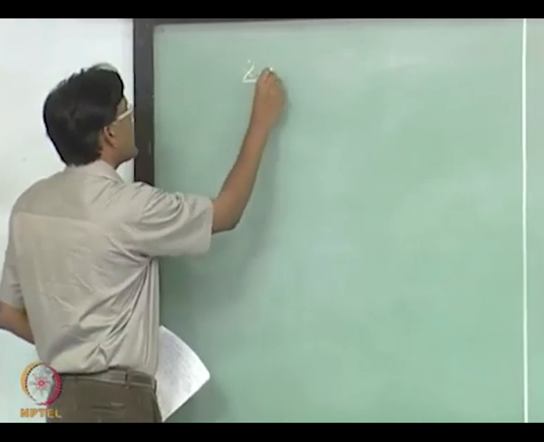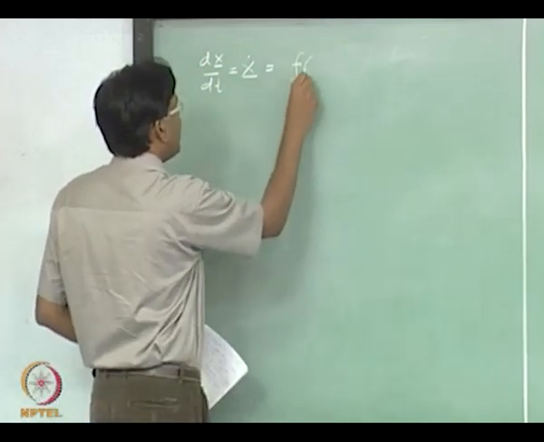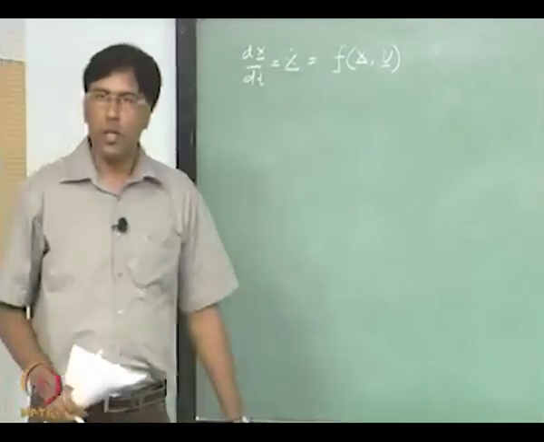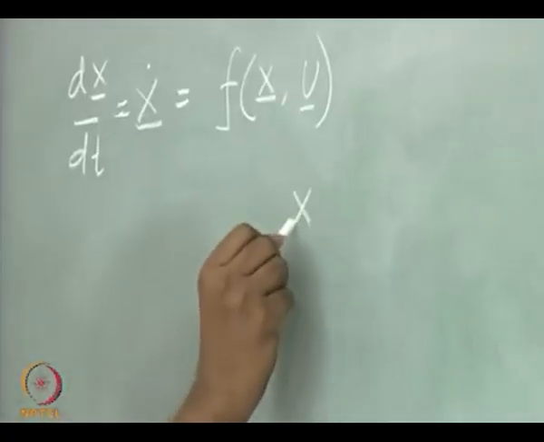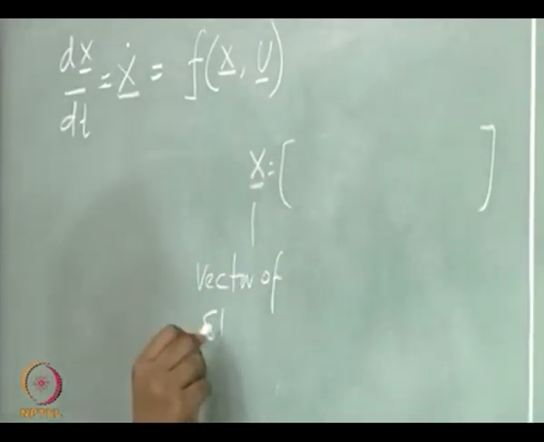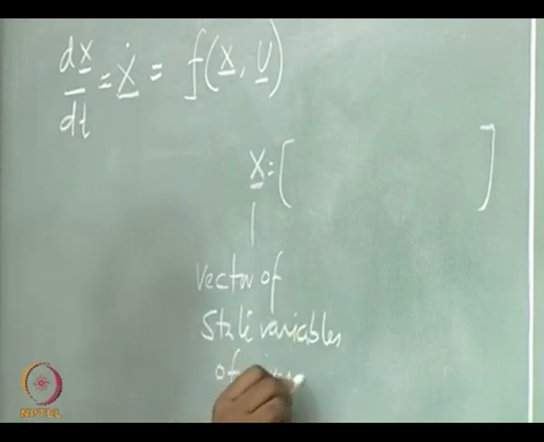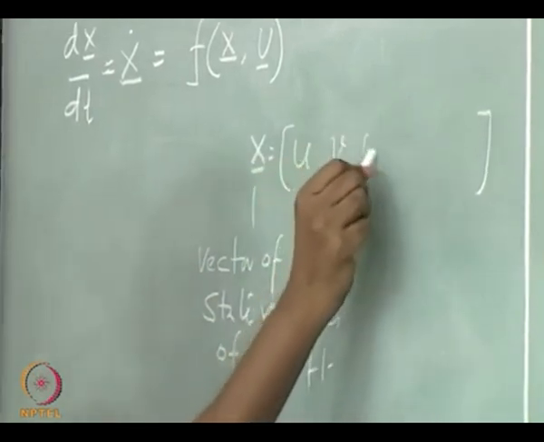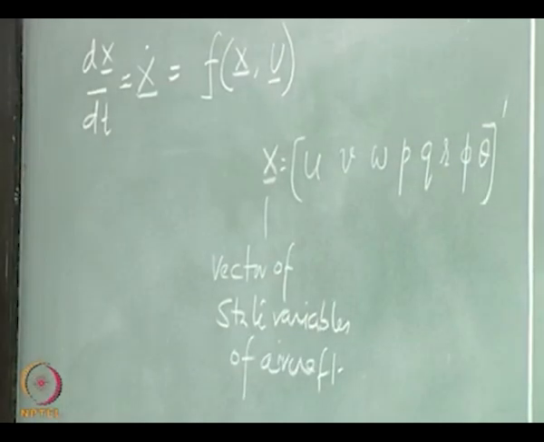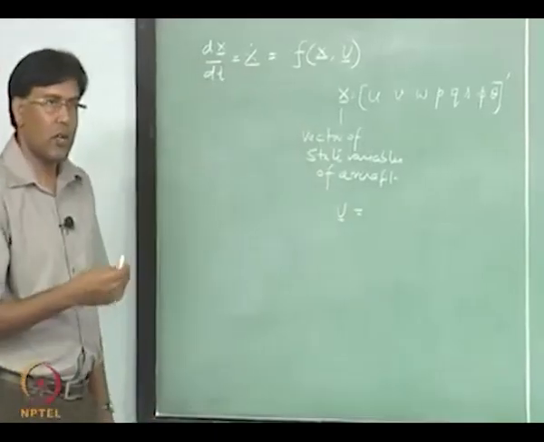We have seen that our equations are in this form, where x bar is the vector of state variables, right, 8 state variables, and u is the vector of control parameters.